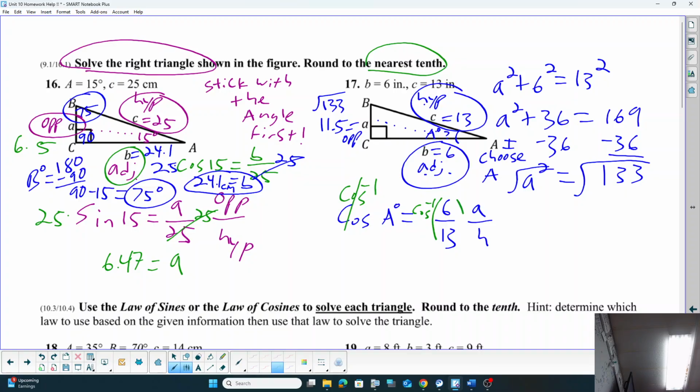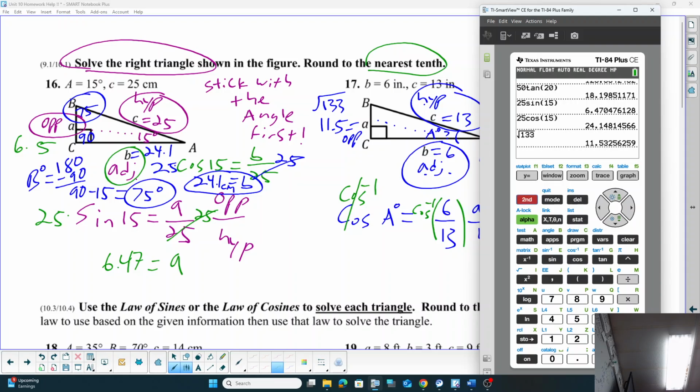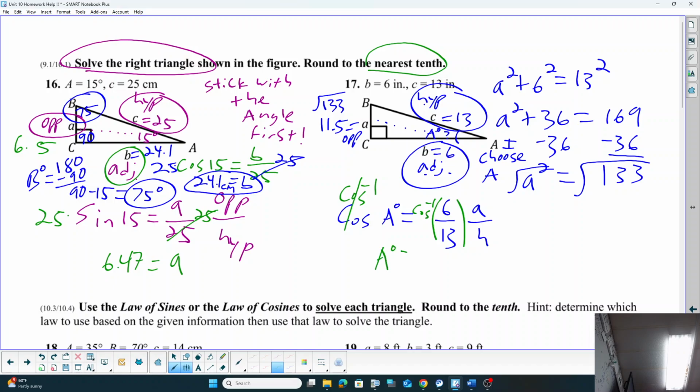Do you remember how to inverse cosine? So you go inverse cosine of 6 divided by 13, and we get 62.5. So we get angle A is equal to 62.5 degrees.